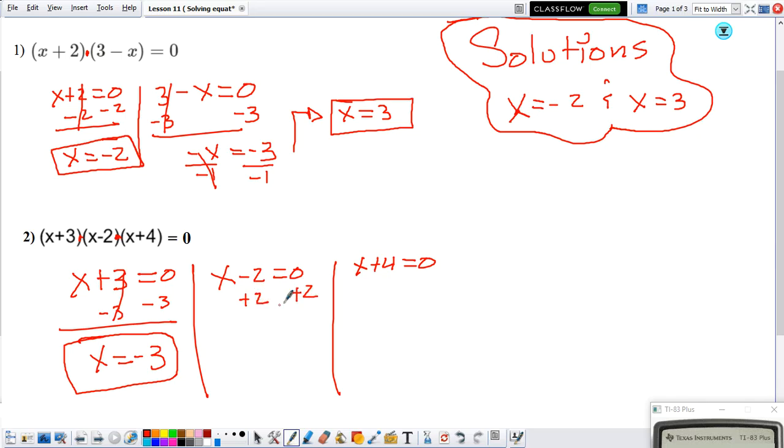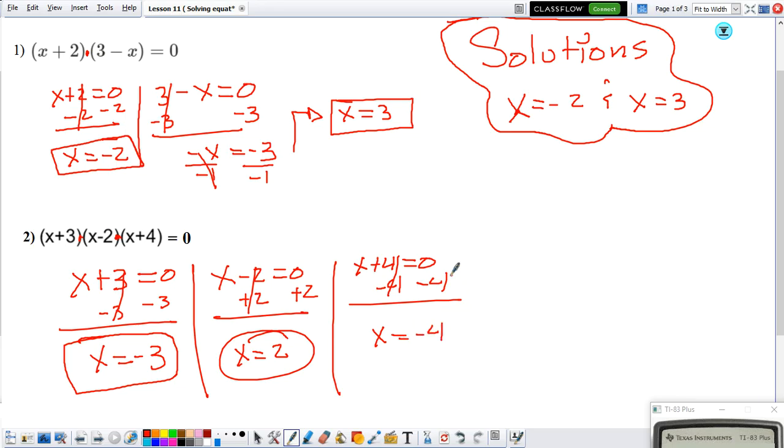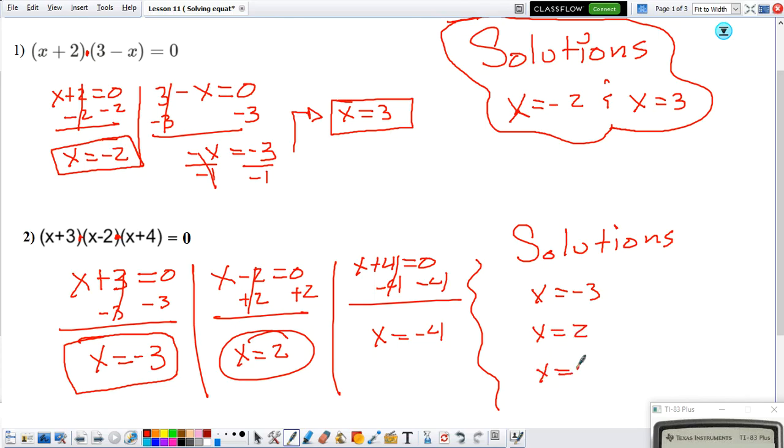Plus 2. And now you know that x is equal to 2 and minus 4. So x is equal to minus 4. So after all this, you have 3 solutions, which are when x equals minus 3, when x equals 2, and x equals minus 4.